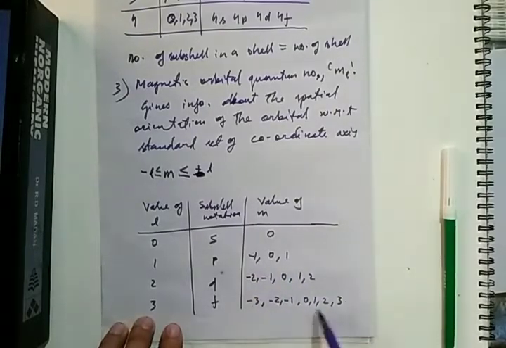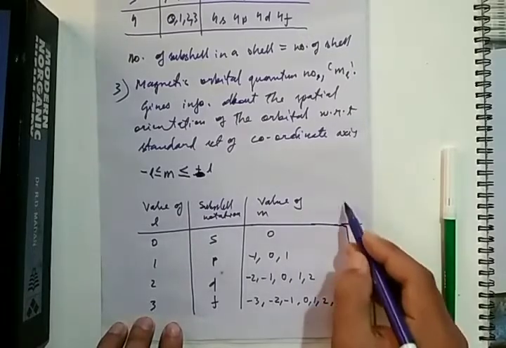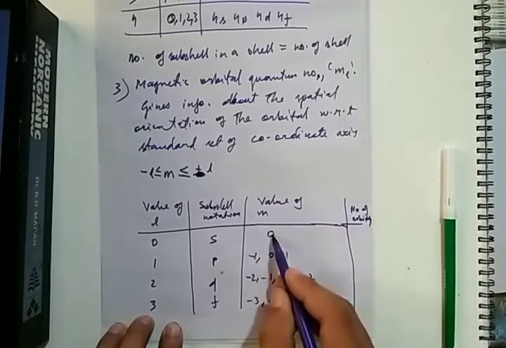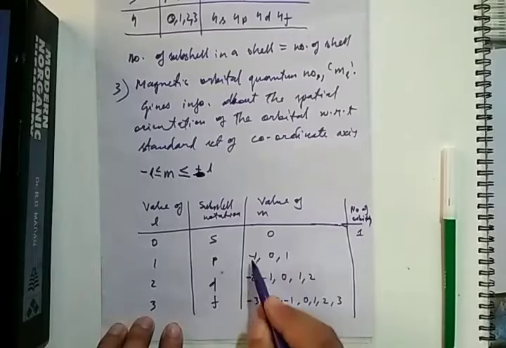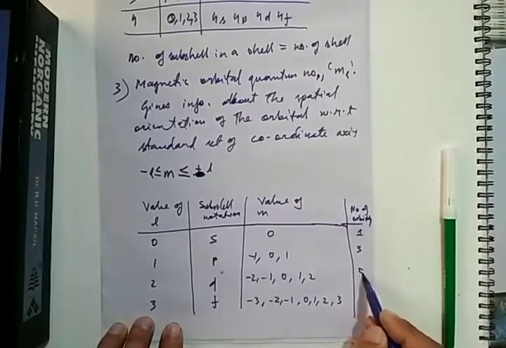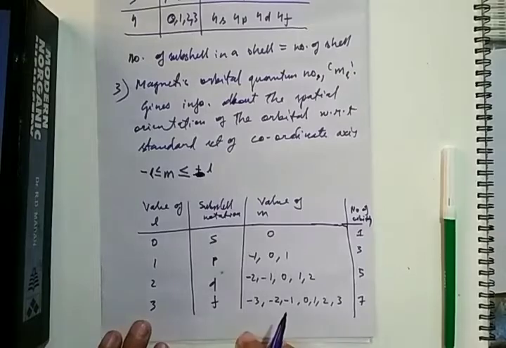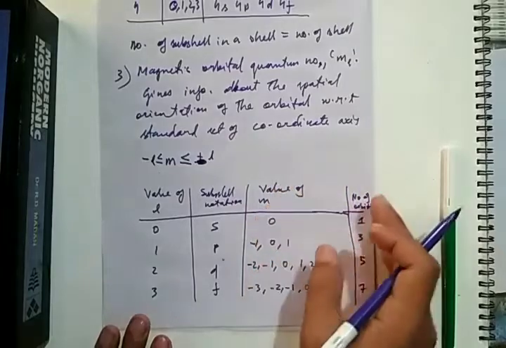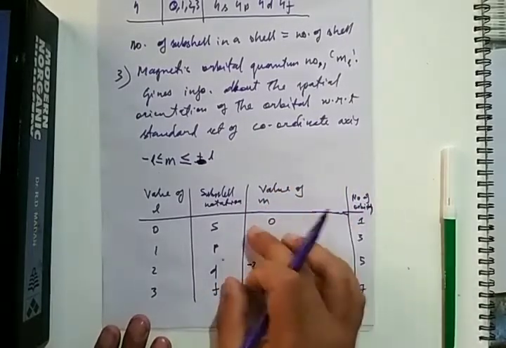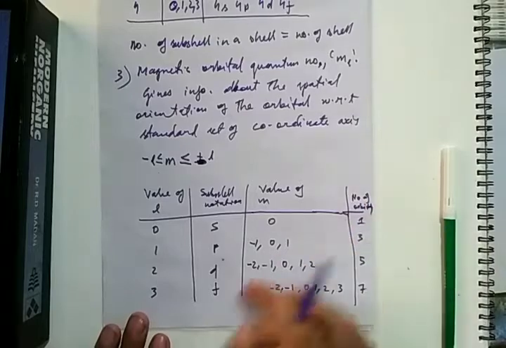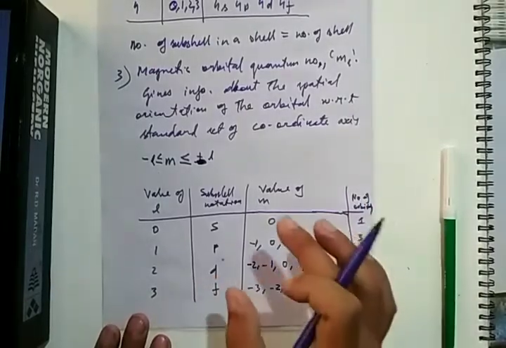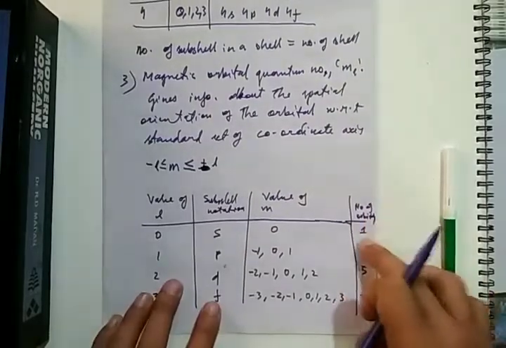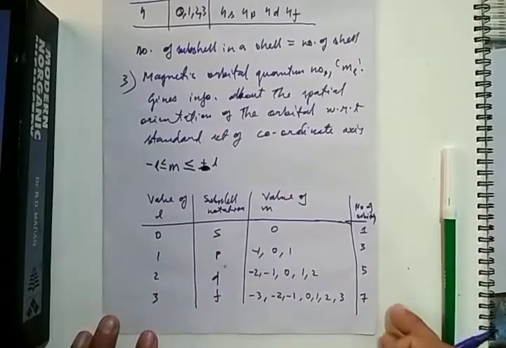So this represents the number of orbitals. The number of orbitals here will be 1, 3, 5, 7, so 1 orbital, 3 orbitals, 5 orbitals, 7 orbitals, and so on. I have not written about g and h, since we are mostly going to discuss up to f. That's why I have not included g and h.